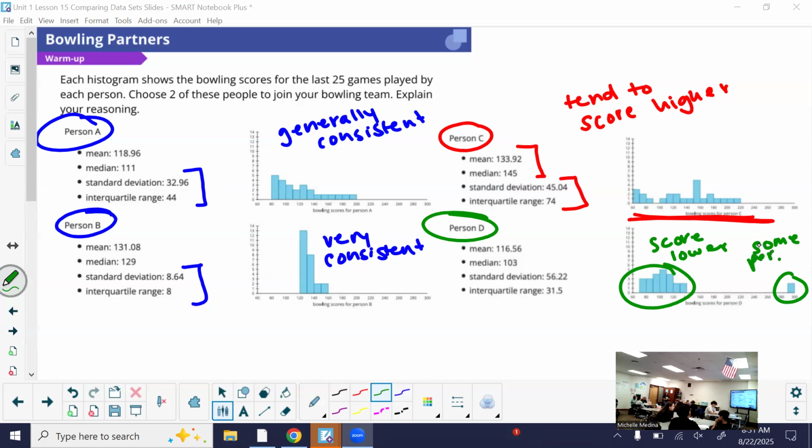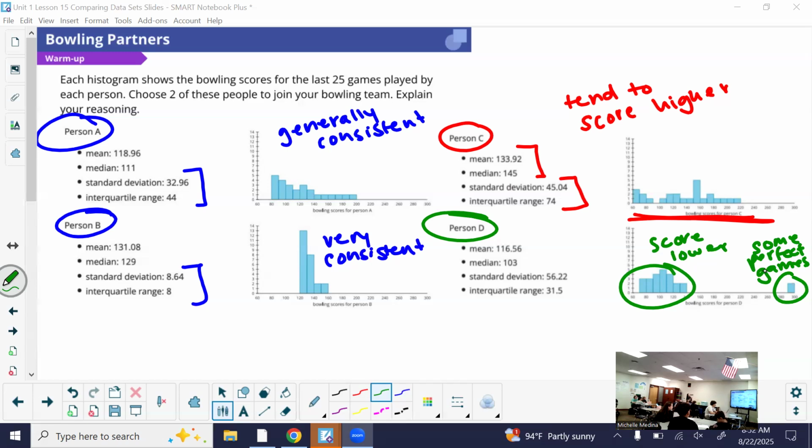So even though they tend to score lower, they do have some perfect games. So maybe you might want that on your team. Nobody else had a perfect game or was even close on it. So it just depends what you want.